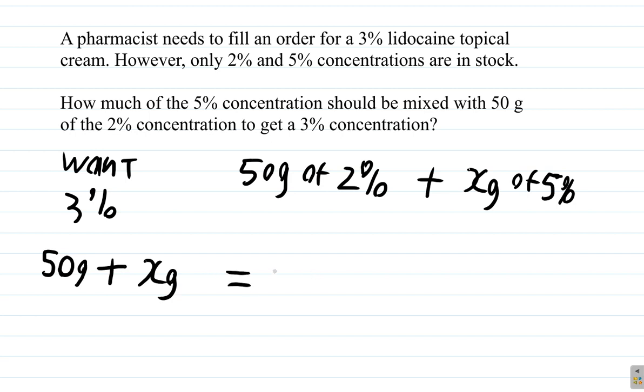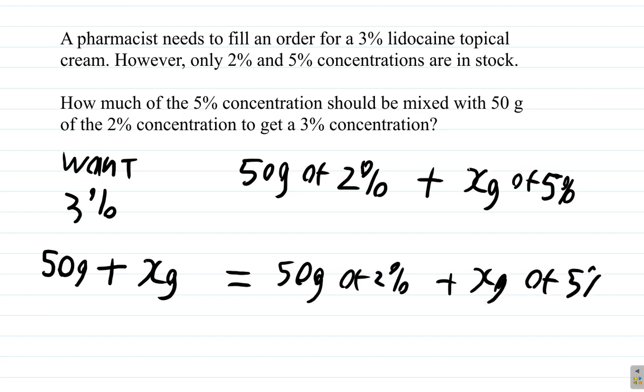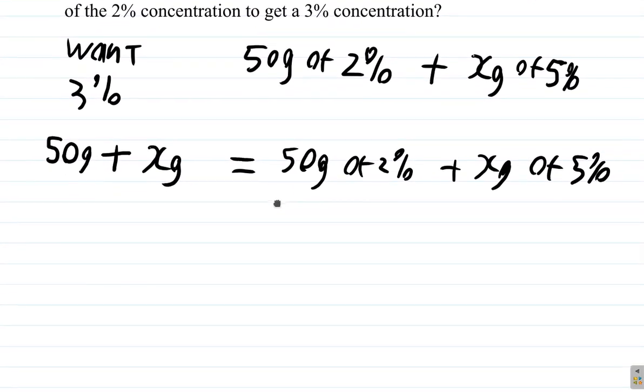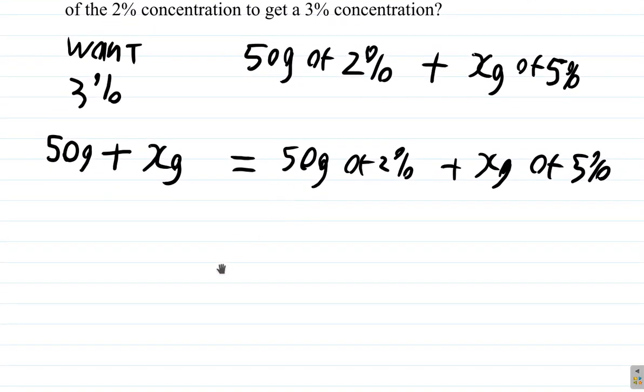You're going to add together 50 grams of 2% plus X grams of 5%. Now, X will be the amount of the 5% concentration that you mix.